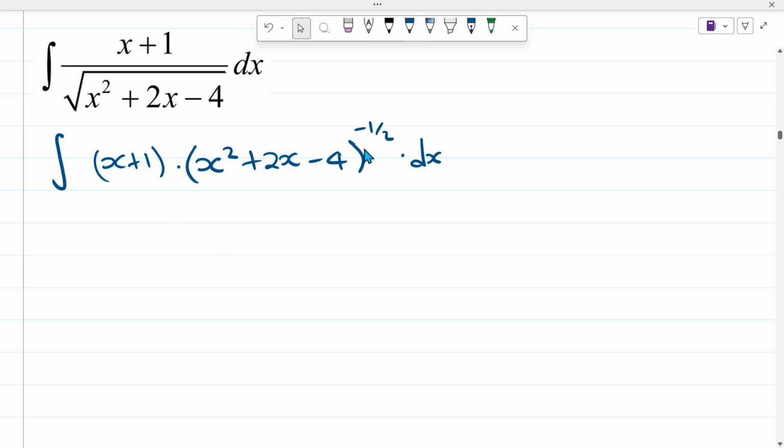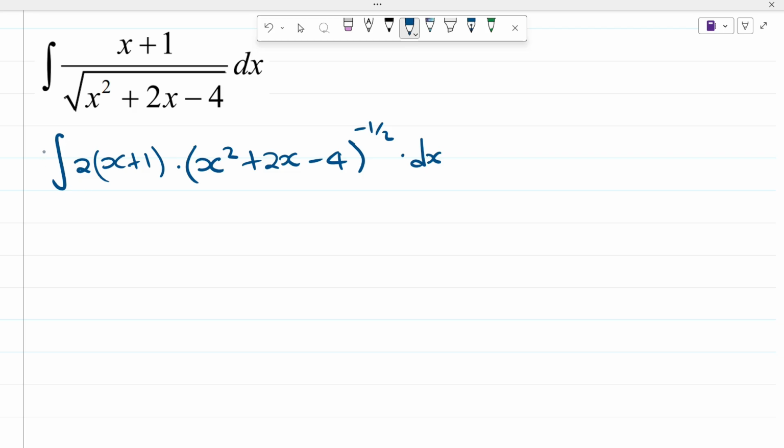Yes, because n is not equal to negative 1, we can use the general power rule. And then from there, we check. If we let this be our f of x, the derivative of it must be 2x plus 2, right? But this is not 2x plus 2, so we must cook it. So for it to be 2x plus 2, we must multiply it by 2.